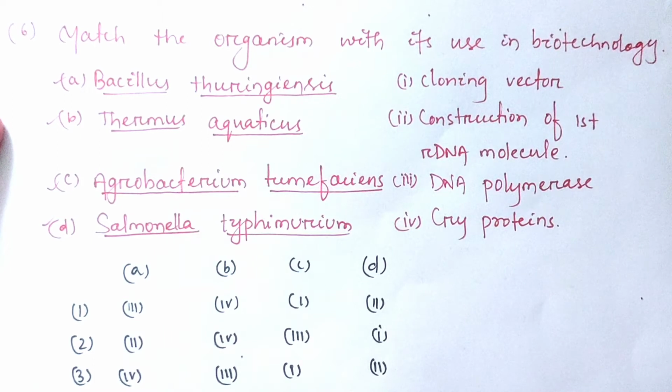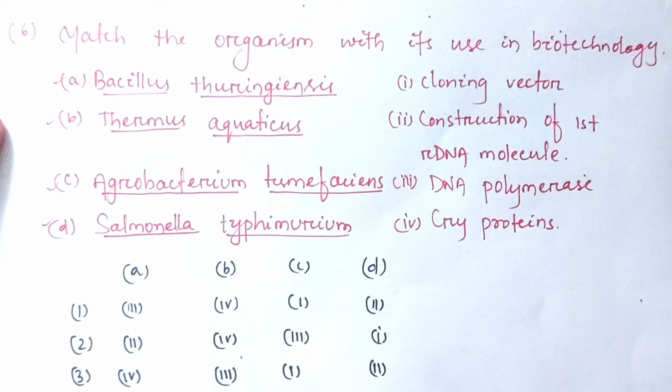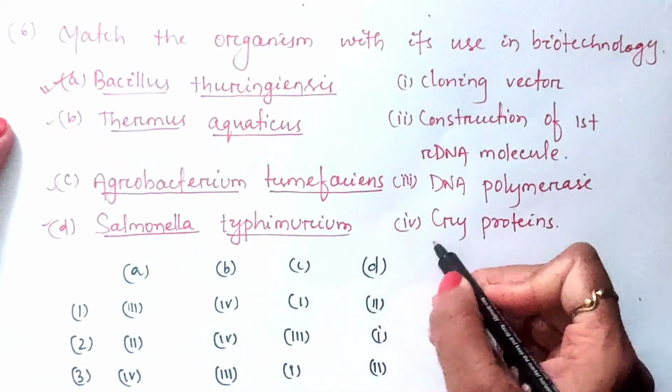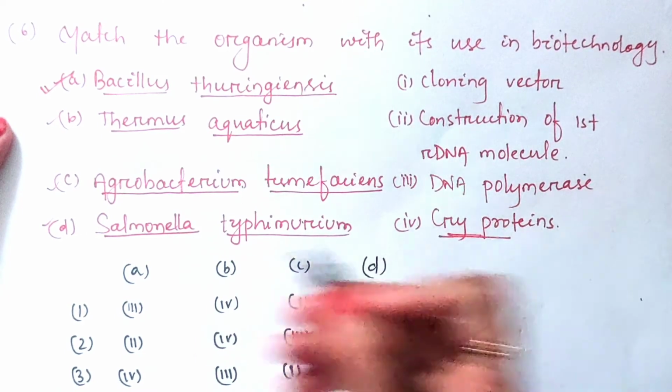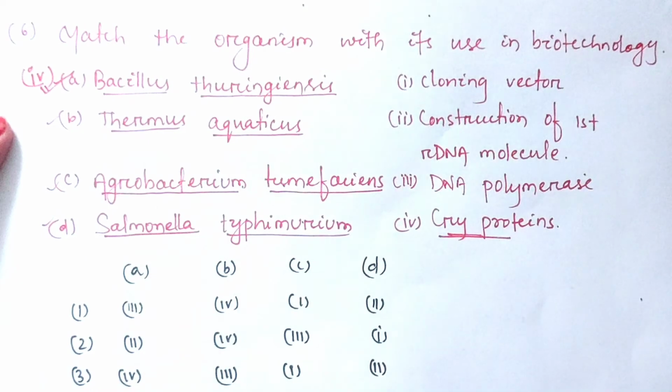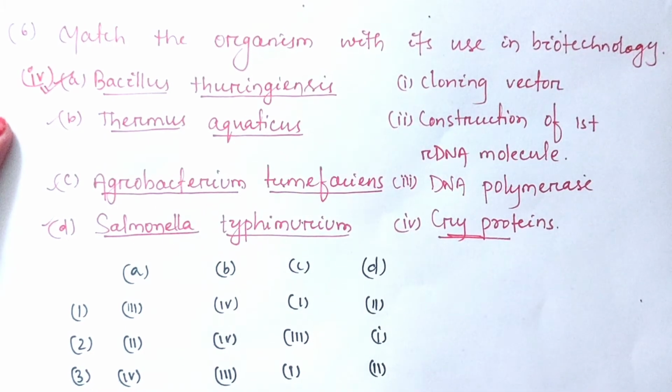These crystals are comprised of one or more proteins known as cry proteins. So, Bacillus thuringiensis is also called cry proteins. IV for option A.